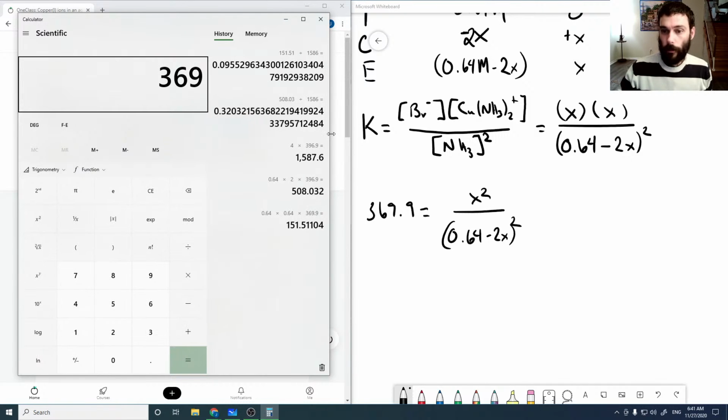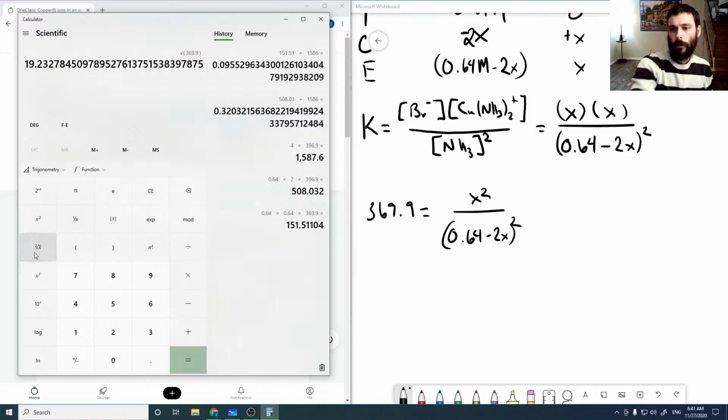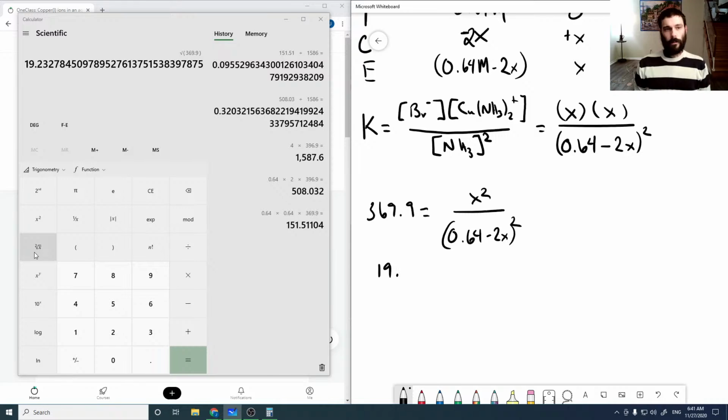So if we take the square root of 369.9, because they're squared on top and bottom, then we have 19.233 is equal to x over (0.64 minus 2x).